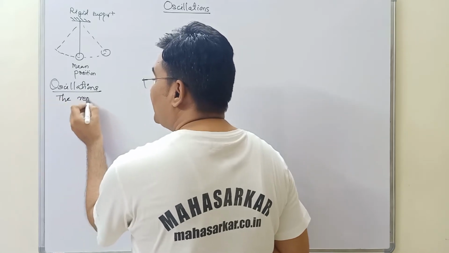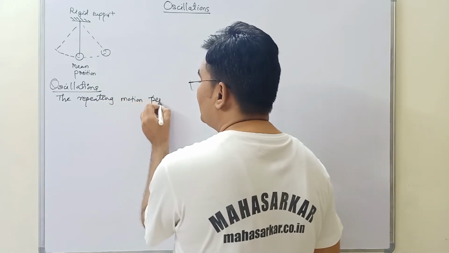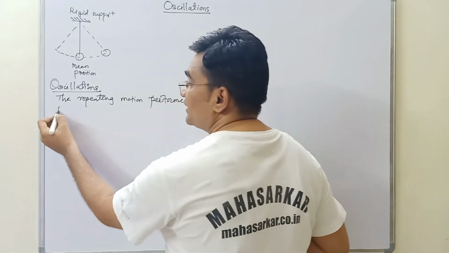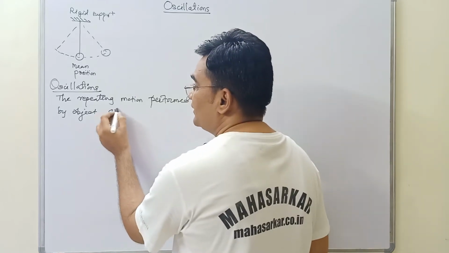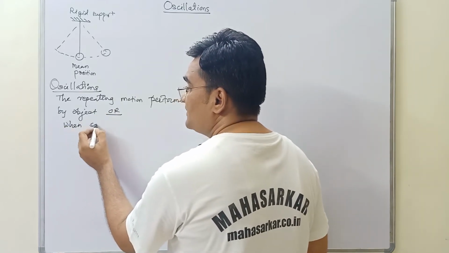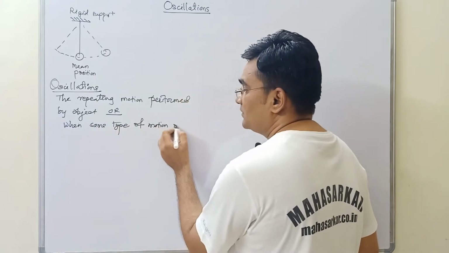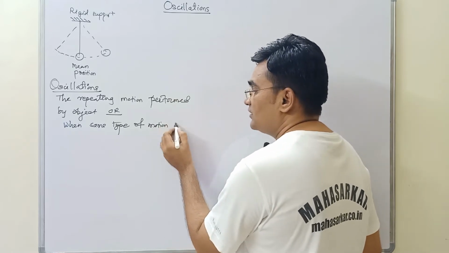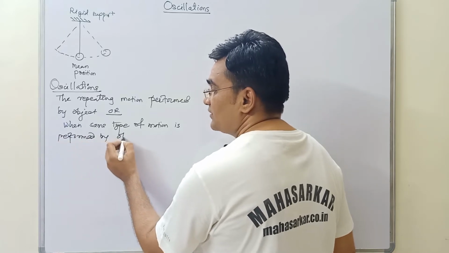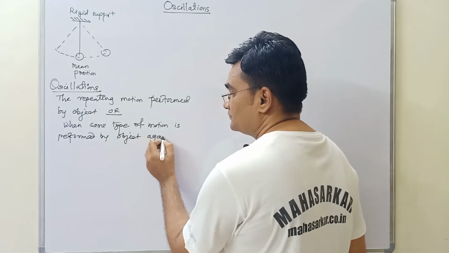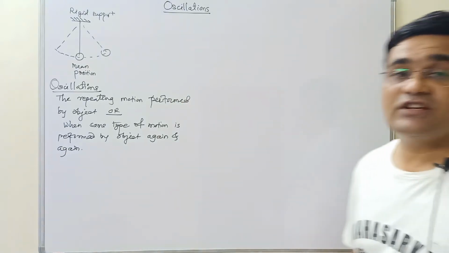So what is oscillation? The repeating motion performed by an object again and again, or I can say when the same type of motion is performed by a particle, performed by an object again and again, is called the oscillation.